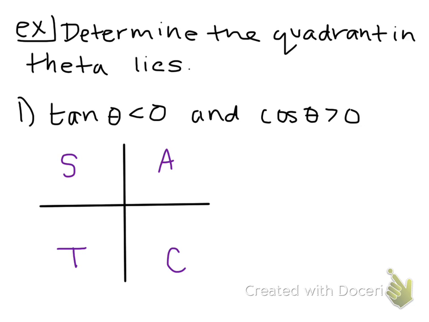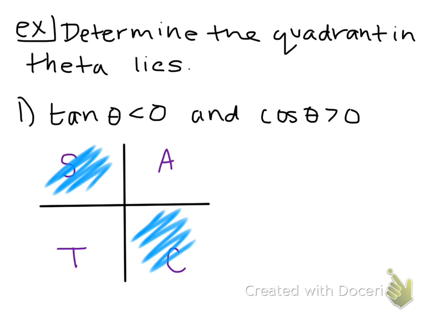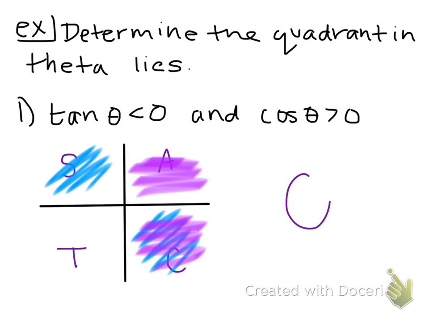I know tangent is positive in 1 and 3, because that's where the A and the T are, which means tangent is negative in quadrants 2 and 4. Cosine is positive in quadrant 1 and quadrant 4. Notice the place that they overlap is quadrant 4. So the answer is quadrant 4. That's where the 2 statements are true.